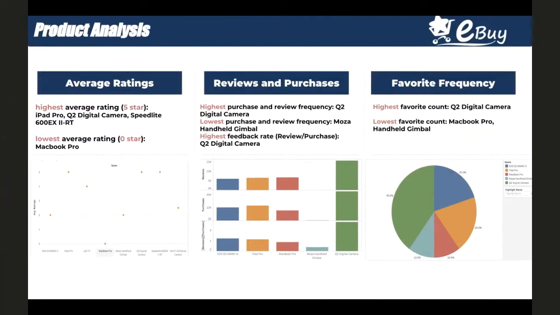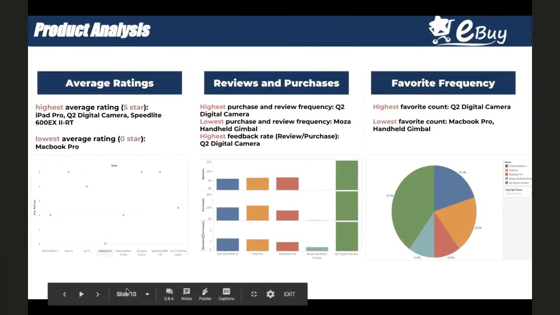And also the highest feedback rate, which is the rate calculated by review divided by purchase, is the Q2 digital camera. And also for the favorite frequency analyzed, we can see in the pie chart that the highest favorite count product is the Q2, and the lowest favorite count products are MacBook Pro and handheld gimbal.